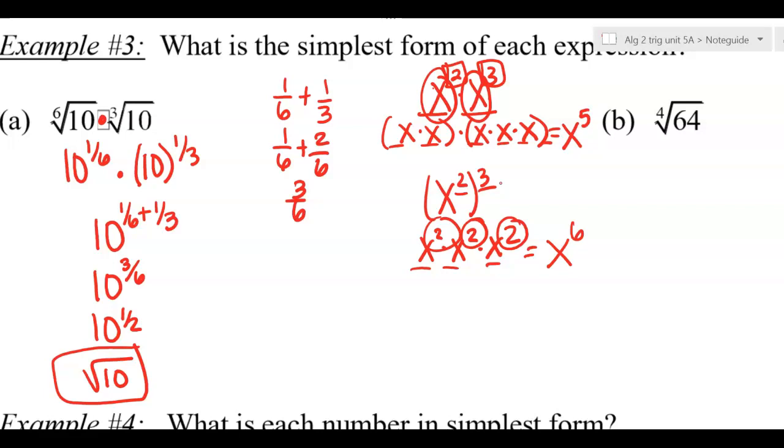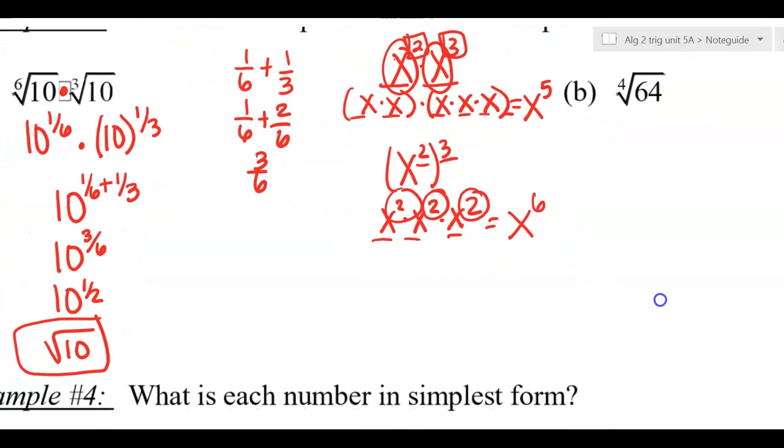Is that okay? Yeah. All right, so part B doesn't have a lot of operations to do. It literally just says the fourth root of 64. Okay. So first we would look for a fourth root. Does 64 have 4 of one thing inside of it, one factor? I don't know. Let's break it down and see. 8 and 8, 4 and 2, 2 and 2, 2 and 2.